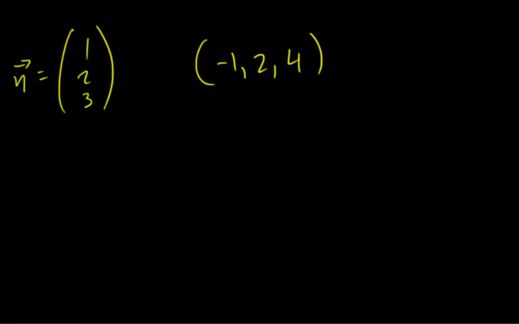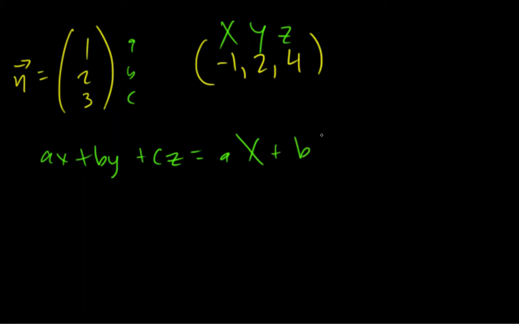So we're just going to use that last formula, where if this is a, b, c, and this is x, y, z, then we get ax plus by plus cz equals a big X plus b big Y plus c big Z, which is equal to d. So we just plug these in. We get 1 times x plus 2 times y plus 3 times z.